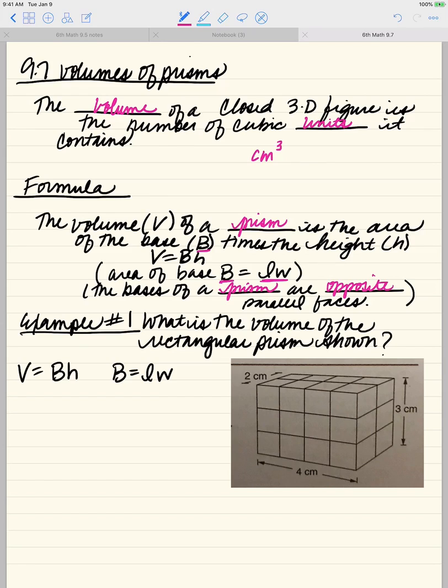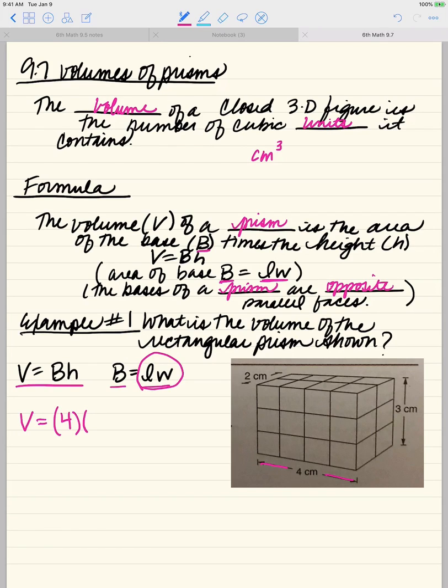So let's start in on this. Example number 1 says, what is the volume of the rectangular prism shown? So here's our formula for volume. V is equal to big B times H, where big B is the length times the width. So let's plug in what we have. Volume is equal to big B is length times width. So here's our length, 4 centimeters.